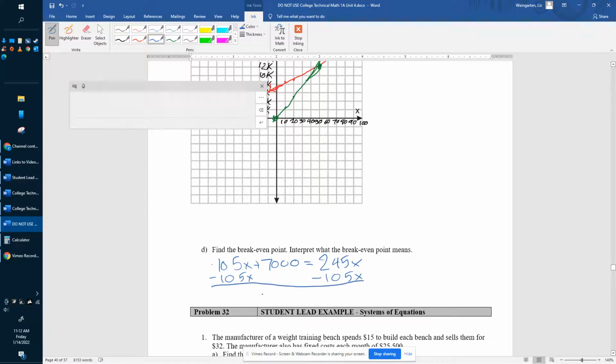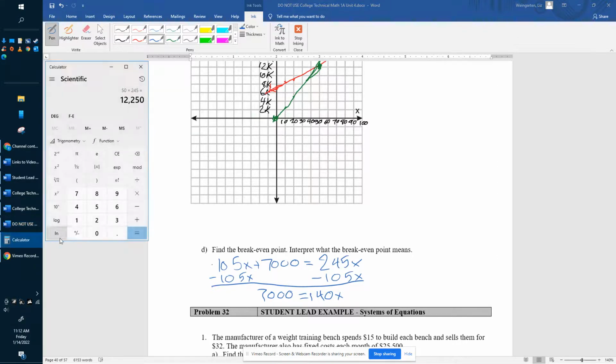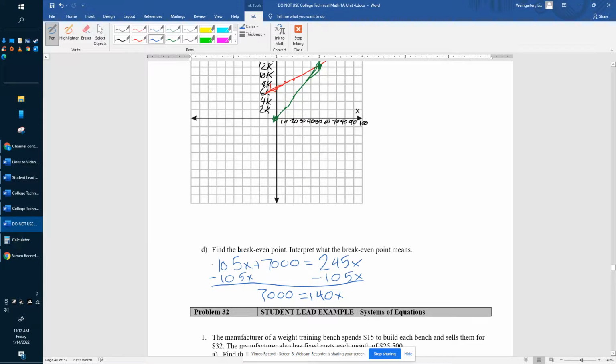And we're going to get 7,000 equals 140x. Divide both sides by 140. And we get x equal to 50.